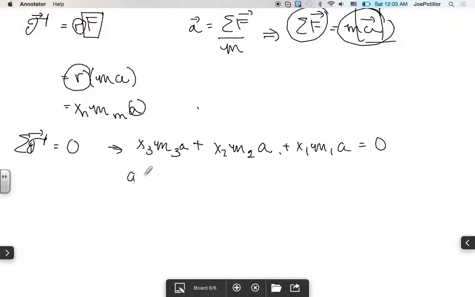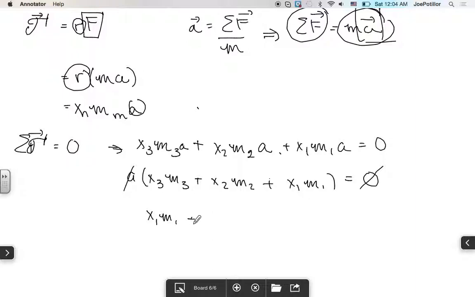So the a factors out of this equation, and a goes away. So you end up with the equation that you need. We'll rewrite it: x1 m1 plus x2 m2 plus x3 m3 is equal to nothing.